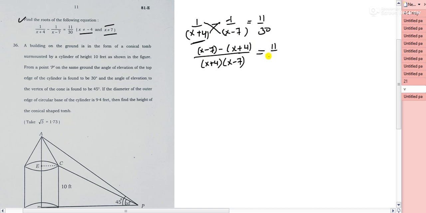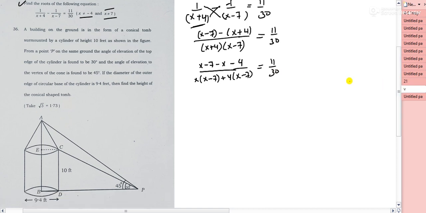Now this keep as it is. So removing the brackets, x minus 7 minus x minus 4, divided by, again multiply these values, you'll get 11 by 30 again. Now here both x will get cancelled, and minus 7 minus 4 is how much?